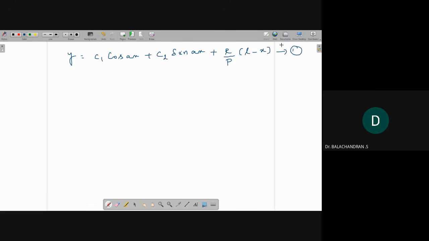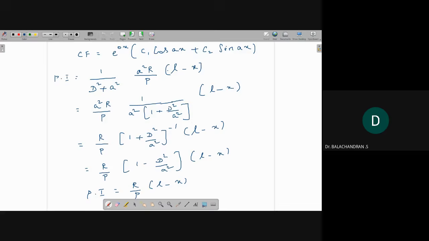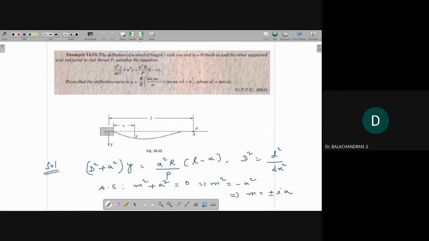So this is equation 1. Next we need to find the constants c1 and c2. For this, read the question carefully: with one end x equal to 0 is built in. Built in means fixed end.